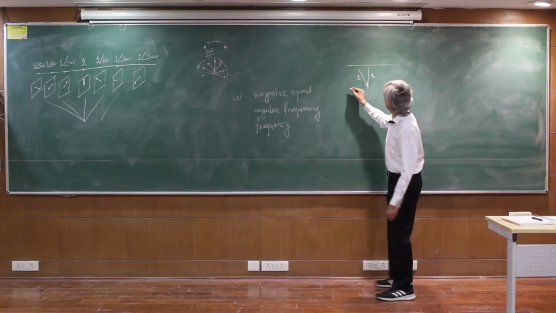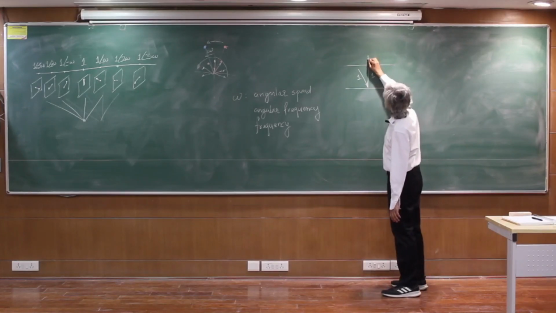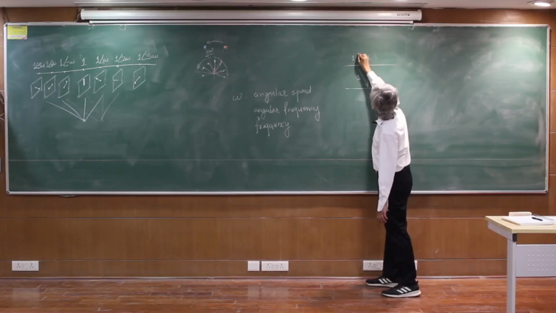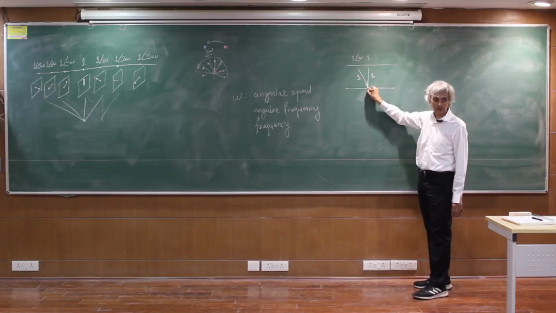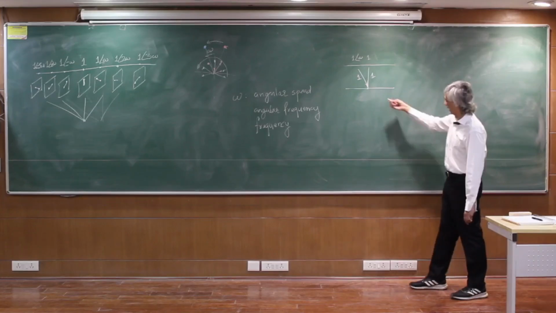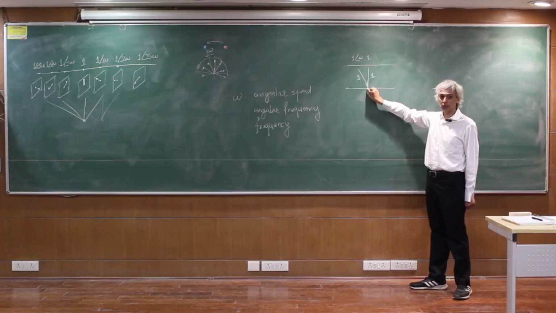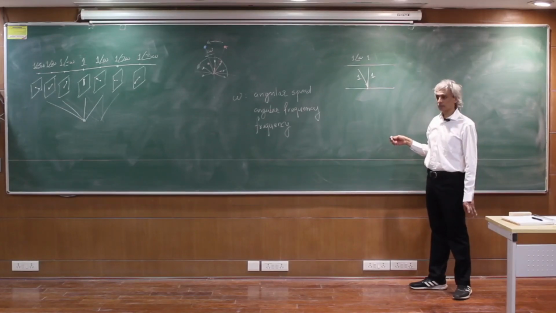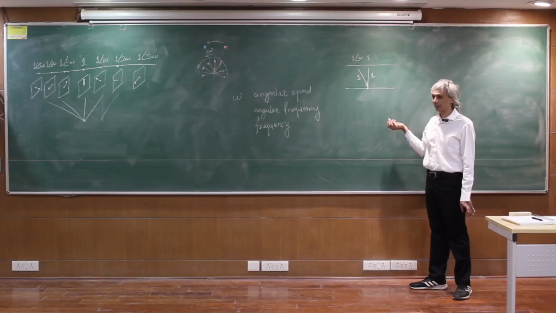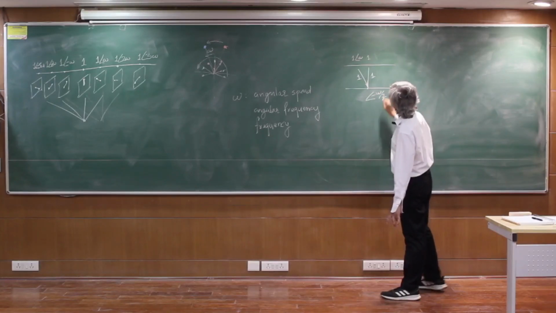Now we have to calculate it. This is 1, this is 1 at an angle minus omega, correct? That together will produce an output. And what will be the amplitude and phase of this output? Calculate. The angle is easy to calculate, an intermediate angle between these. Minus omega by 2. And what is the amplitude?